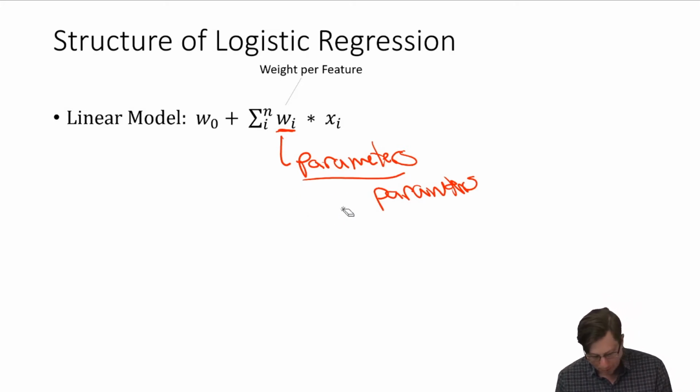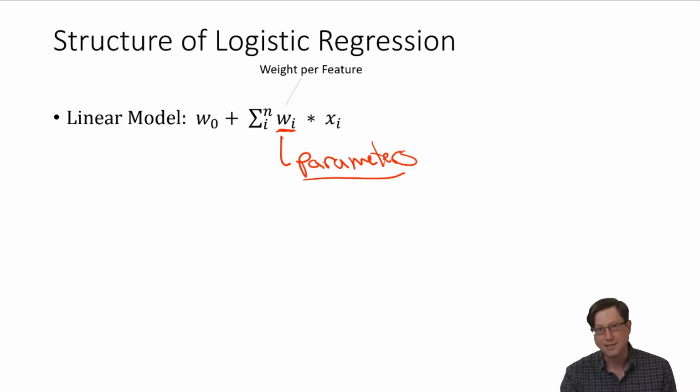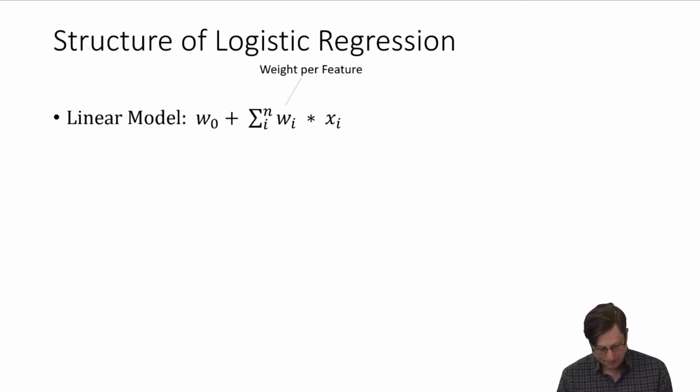The hyperparameters control the modeling process, and we'll get to in a few slides what the hyperparameters for logistic regression are. But the parameters of a logistic regression model are the Wi's as well as the W0. So if you have a training set that has 10 features, you would have 11 parameters in your model, one for the weight 0 and one for each of the other weights associated with each feature.